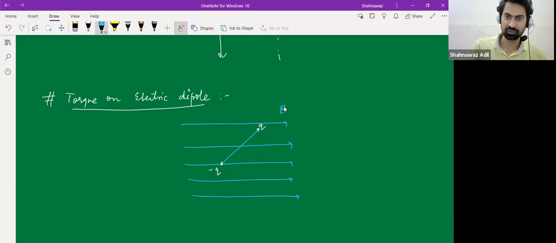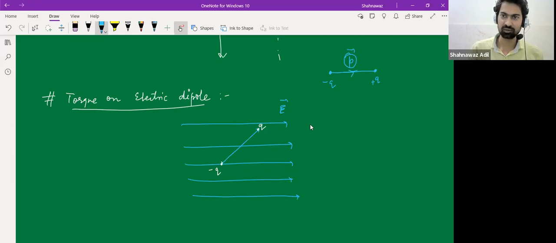Yes, Saad. The direction of the dipole moment. Right side, sir. So we have this dipole, minus Q and plus Q. The dipole moment goes from minus to positive, so this is the direction of the dipole moment.